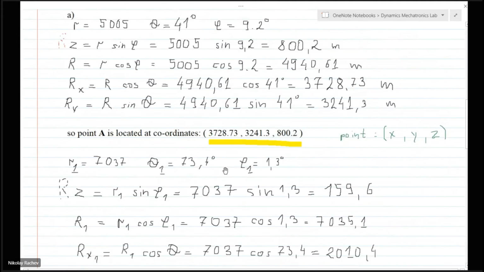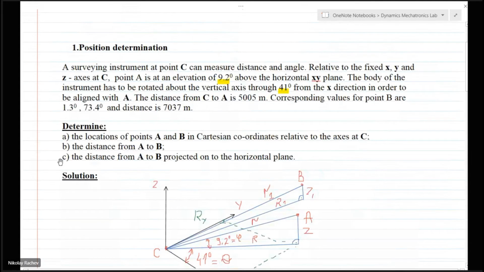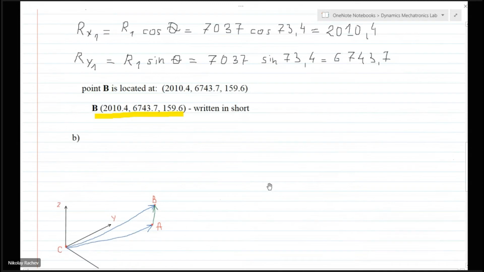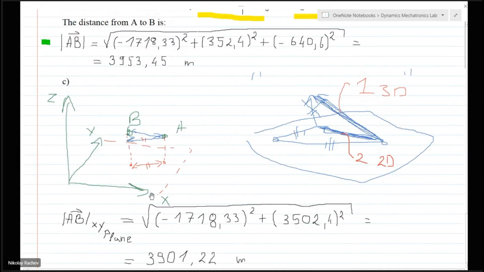Yes, we will change the task. We can write, for example, D: find the distance from A to B projected to the side plane, the x-z plane, for example. Yeah, and it will be absolutely the same. Yes, absolutely agree with you. So you have understood the task correctly.